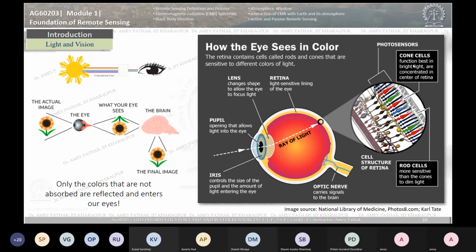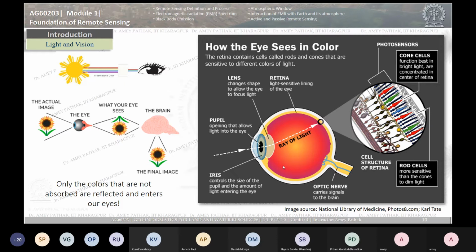Cone cells perceive the information when sufficient light is there, and from that light, they are able to perceive how much intensity is coming from the red, how much from the green, how much from the blue. Then not only do we have the cone cells, we have the rod cells also. Rod cells are related with the intensity of light. Suppose the light is very dim, we just see the shade of one color. They are more sensitive than the cones in dim light.